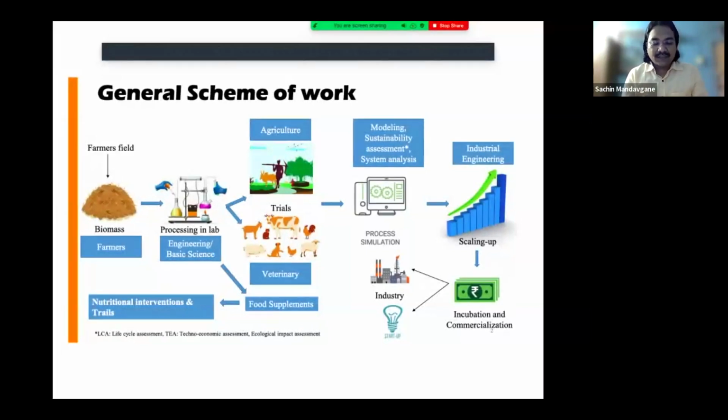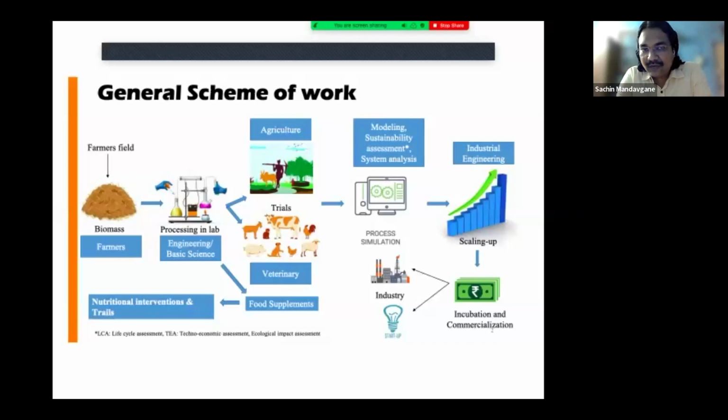So we developed a method, a technology, which I'm going to share with you, of extracting those bioactive molecules. They are antioxidant in nature, nutraceutical in nature. Basically, they are high value products. And we extract dietary fibers, soluble as well as insoluble. These are high value products consumed by human beings.